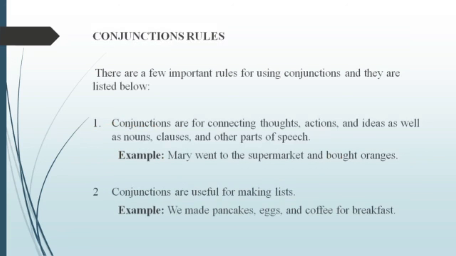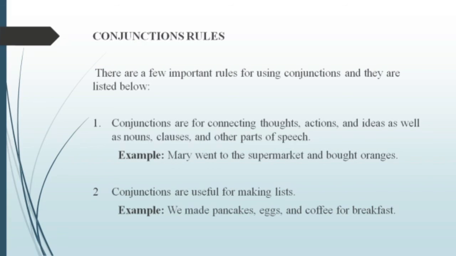One last rule. There are a few important rules for using conjunctions, as listed below. Conjunctions are for connecting thoughts, actions, and ideas as well as nouns, clauses, and other parts of speech. The example given here is "Mary went to the supermarket and bought oranges." After one series, the next series starts. She went to the supermarket is the first series.